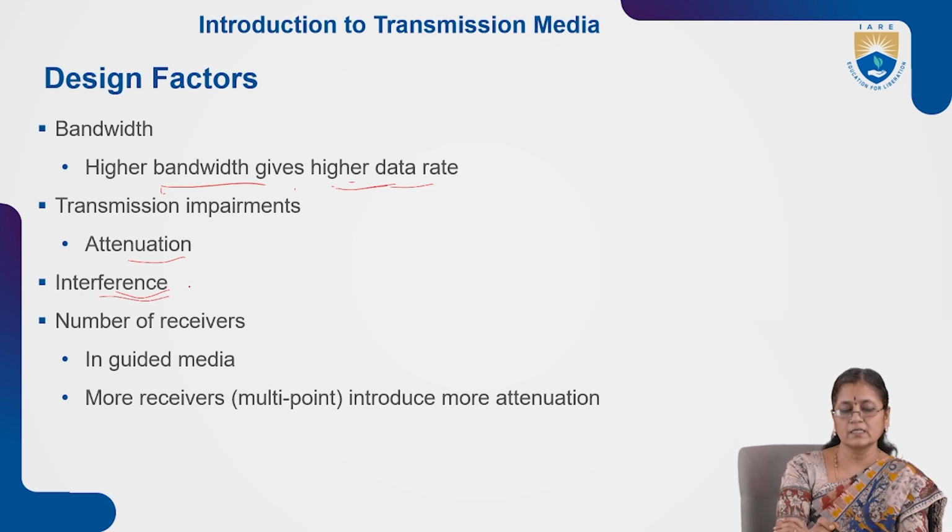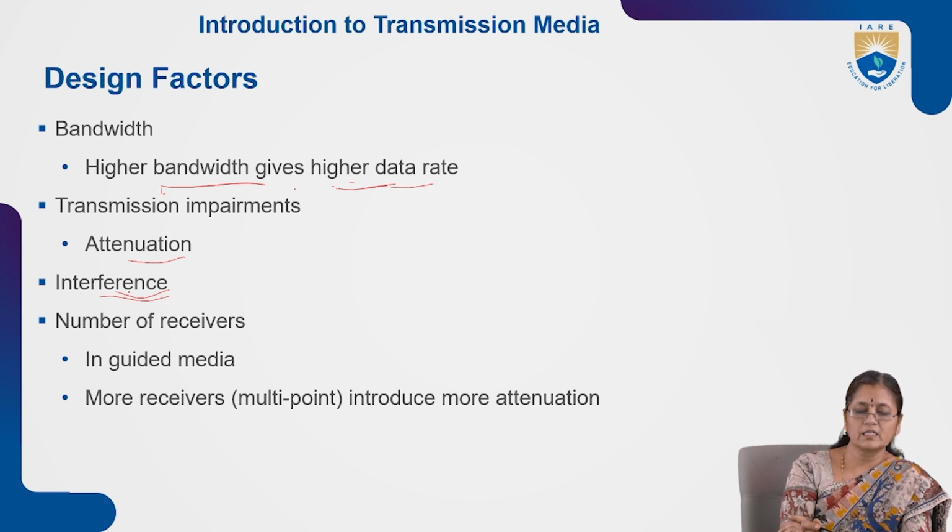These are the several factors which affect the transmission media: the bandwidth, then transmission impairments, then interference, then the number of receivers. Depending on the transmission media, the number of receivers has to be installed, so we have to be concerned about the number of receivers also.